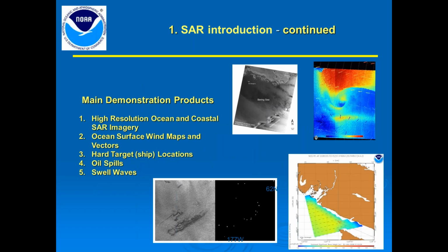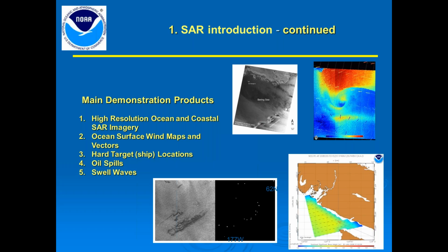At NOAA, we started doing this SAR research and operation in the mid-1990s. That's because the Canadian Space Agency launched RADARSAT-1 at the time. Since the U.S. helped them launch it, I think the U.S. government got about 17% of the data from the Canadian Space Agency for free.